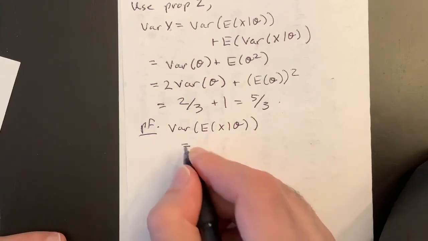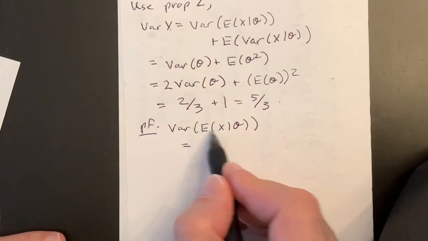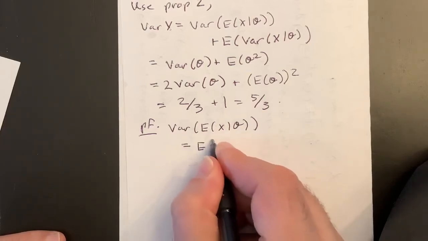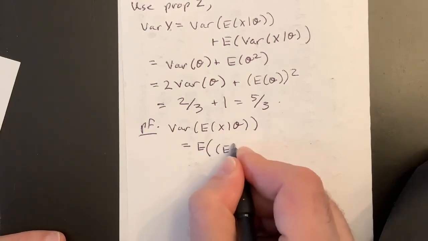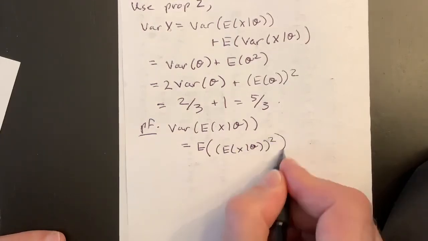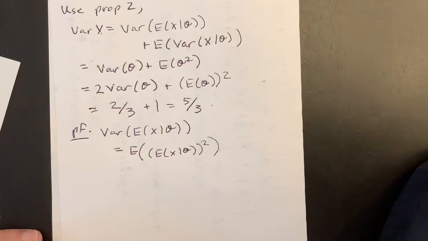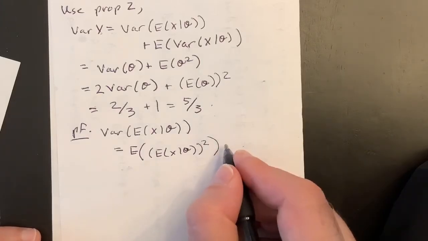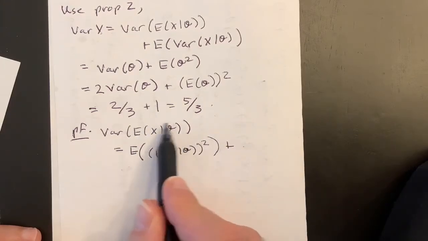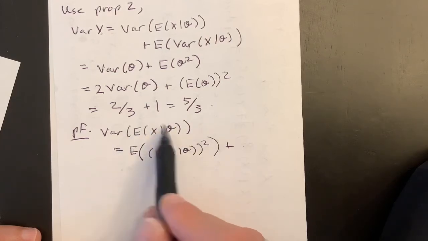From the second part of the definition, this is equal to the expected value of this thing all squared, e of x given theta all squared, minus e of this all squared.